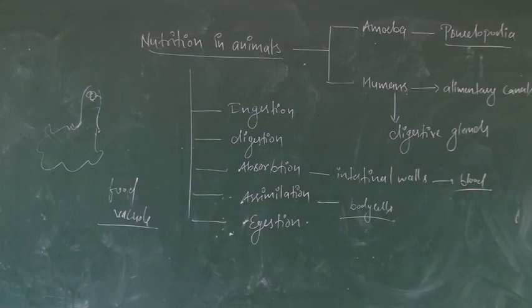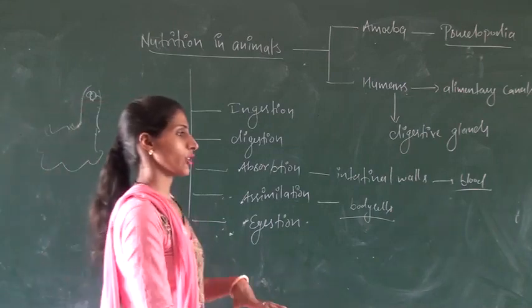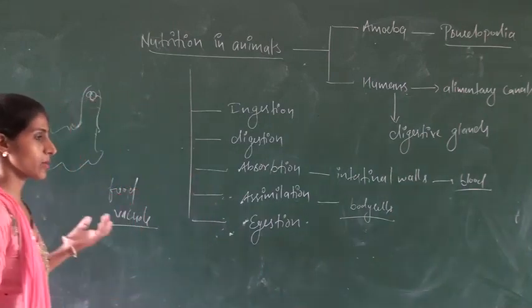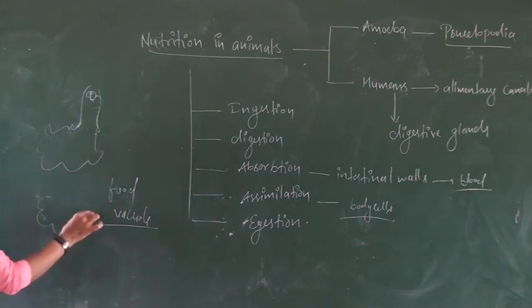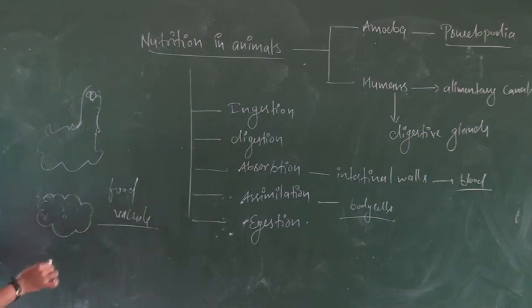In this absorption process, simple diffusion takes place and the food vacuole disappears for some time, because food gets captured into the body and the size of the amoeba becomes larger as compared to before.